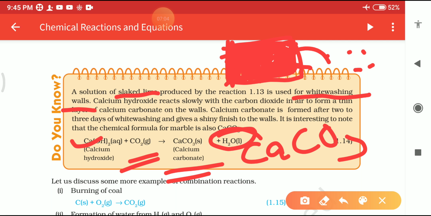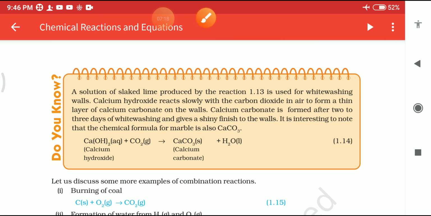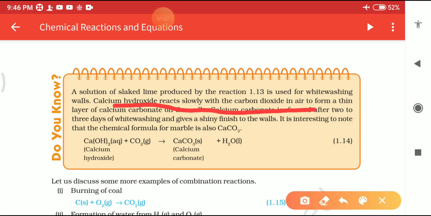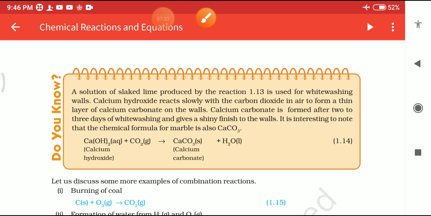This reaction also comes under the combination reaction, because here we take two substances. When these two substances come in contact, it will release calcium carbonate plus water. Now, see this line: calcium hydroxide reacts slowly with the carbon dioxide in air to form a thin layer of calcium carbonate on the walls.